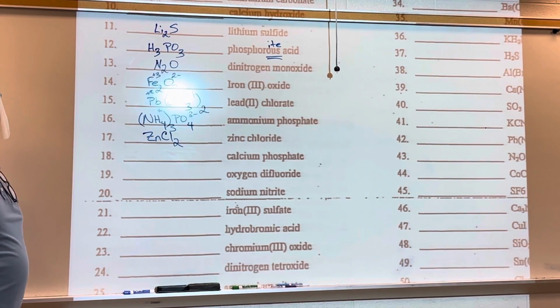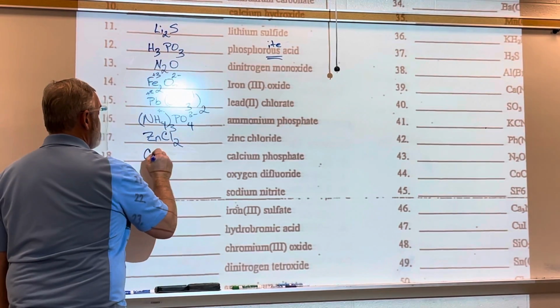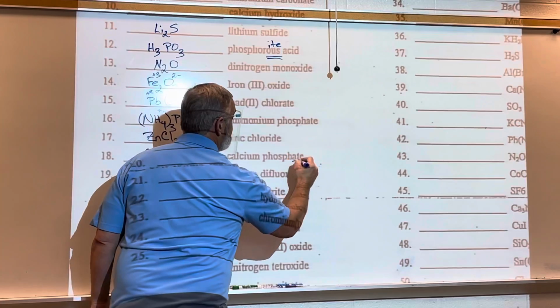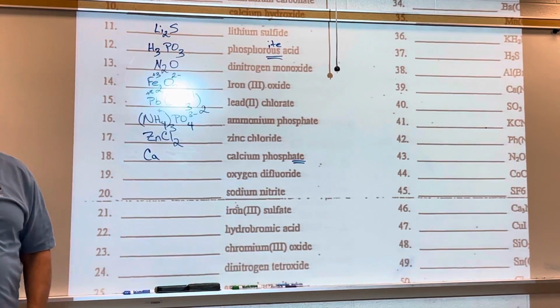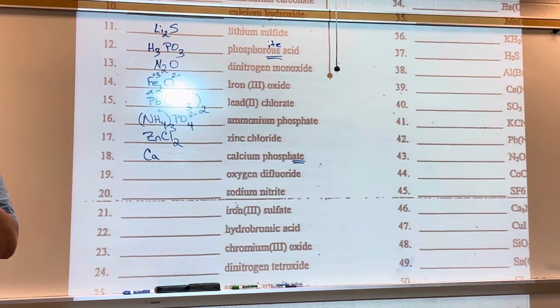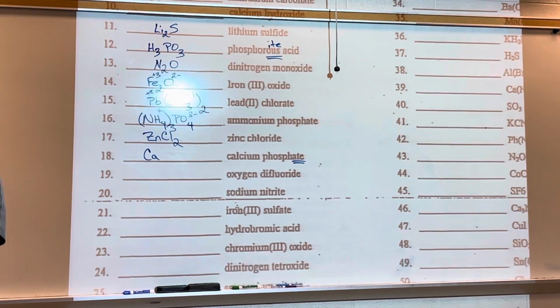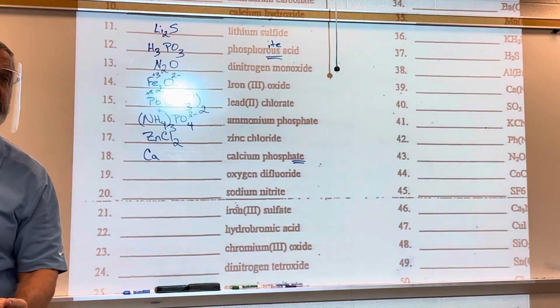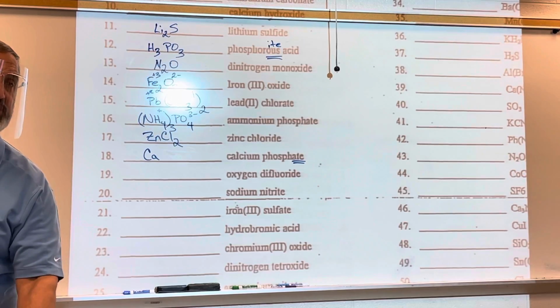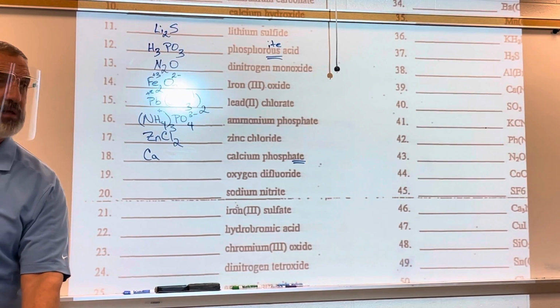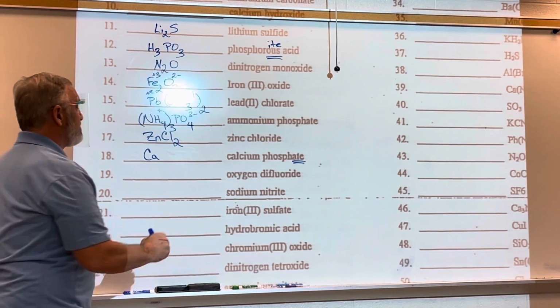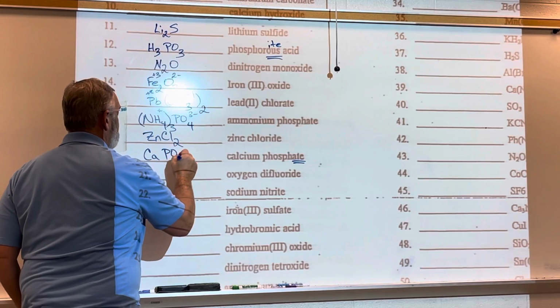All right? Jackson, calcium phosphate. Ca. Now, phosphate. Okay? If it was just P, what would it end in? I. Since it's phosphate, go to your ion sheet. Don't just assume things. Look it up. You're gonna have that ion sheet as a reference. It's a PO4 with a 3- charge.